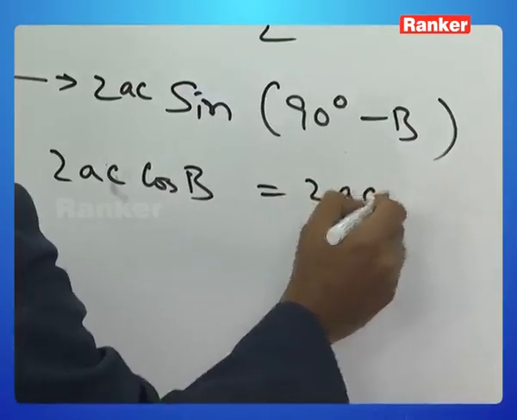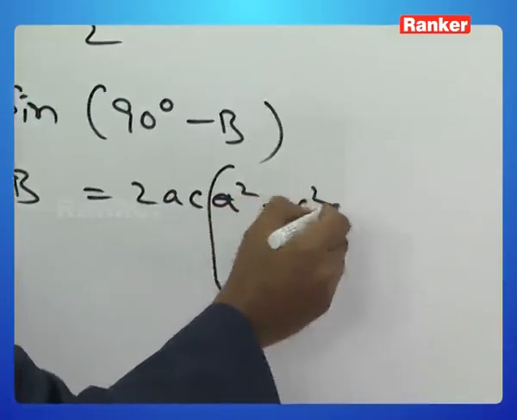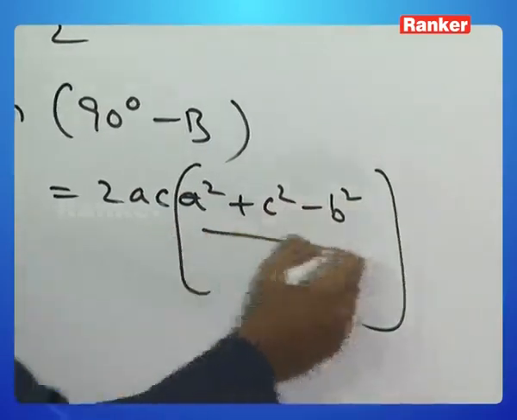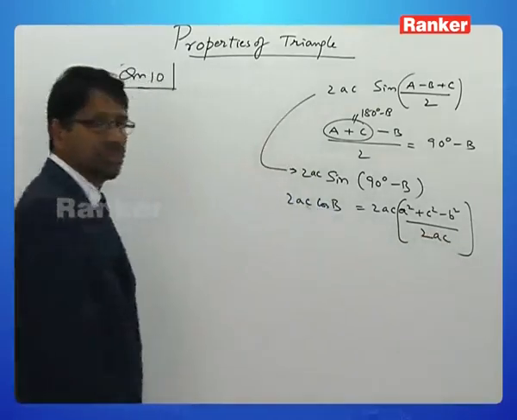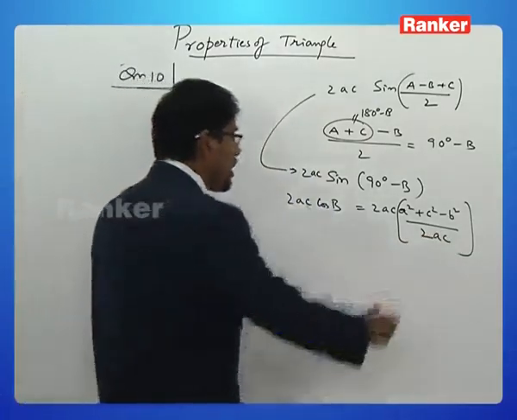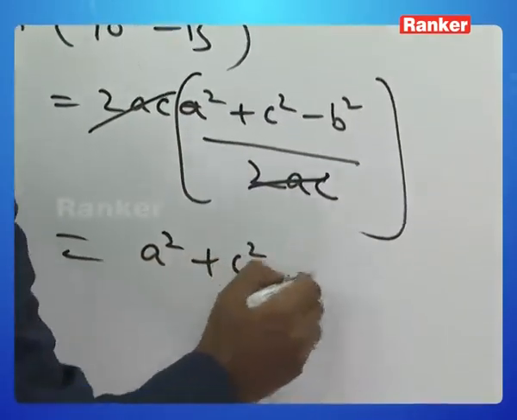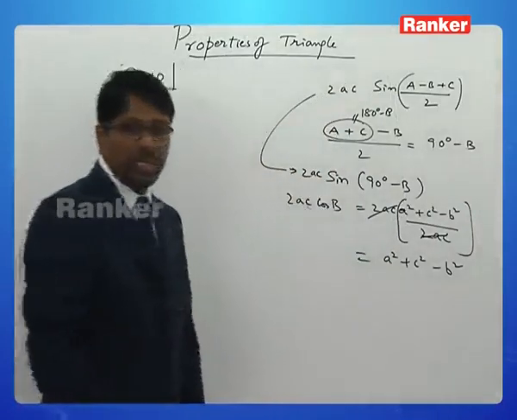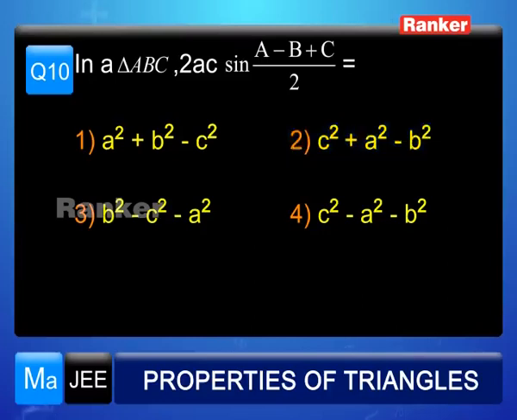So that is 2AC into (A square plus C square minus B square) by 2AC. So this 2AC cancels here and we have here A square plus C square minus B square. So clearly that is appearing in option 2. So option 2 is the right answer.